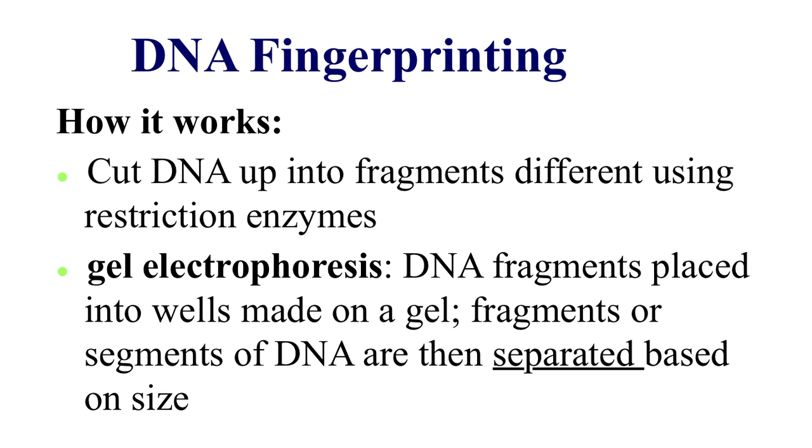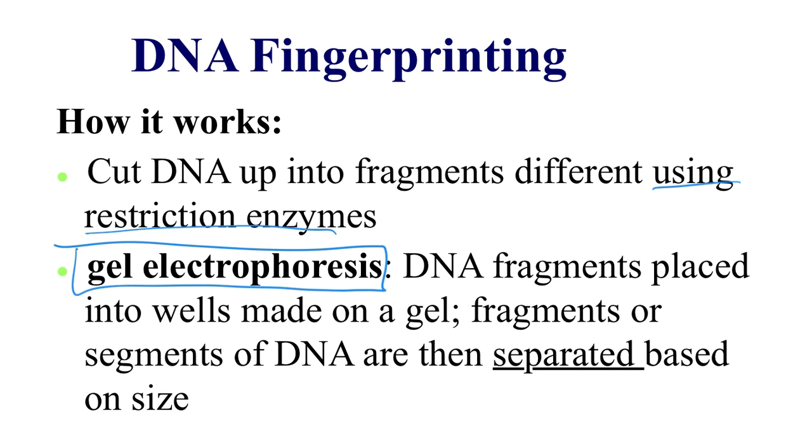So you take the DNA, you cut it up in fragments using restriction enzymes. Then we do this process called gel electrophoresis. Okay, I'll show you that in a minute. Here the DNA fragments are placed into little wells on a gel plate.